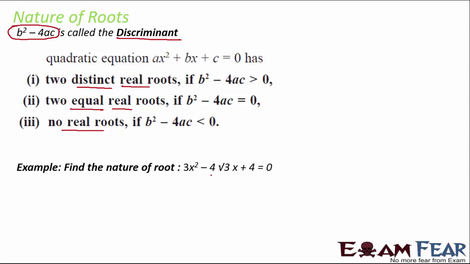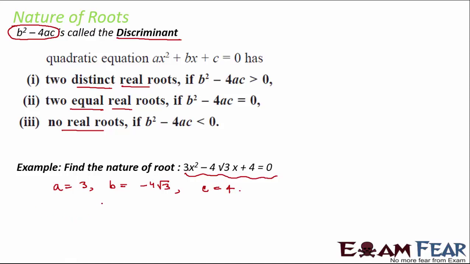Now let us look at this example. We are given a quadratic equation in the form of ax square plus bx plus c, such that the value of a is equal to 3, the value of b is equal to minus 4 root 3, and the value of c is equal to 4. Now we have to tell the nature of roots.